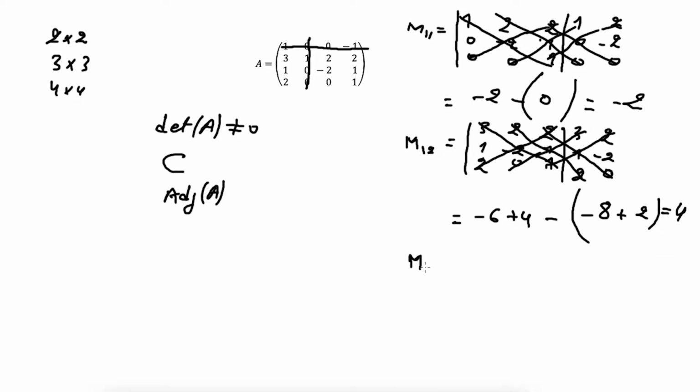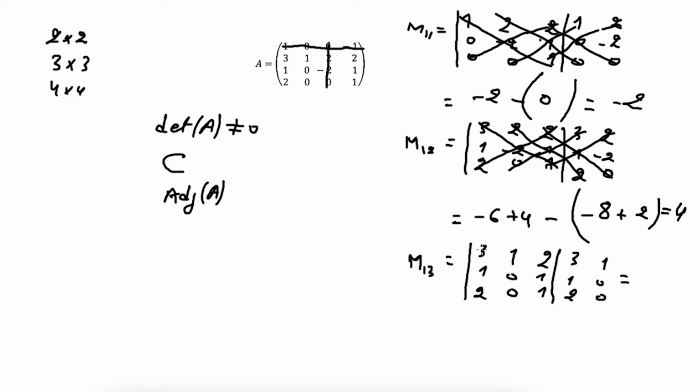And M13 equals: this element here is 0, so we delete this row and column, and all the remaining will be 3 1 2, 1 0 0 and 2 1 1. Here we'll write these two columns, so put here 3 1 2 and 1 0 0.